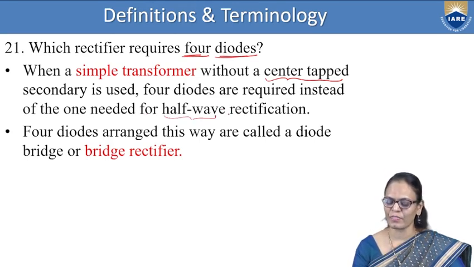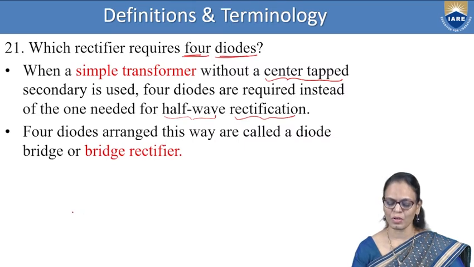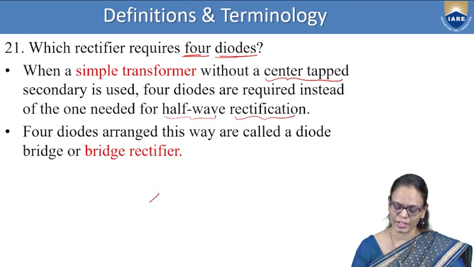So what is half wave rectification? That also we will see and understand. Then 4 diodes arranged in this way are called a diode bridge or bridge rectifier. How are these diodes arranged? This is one diode.